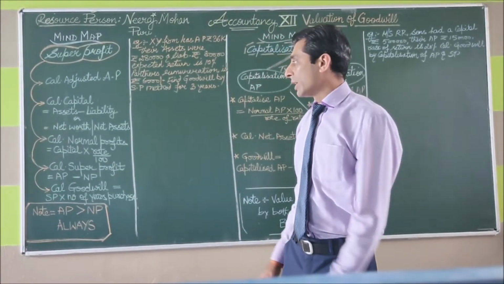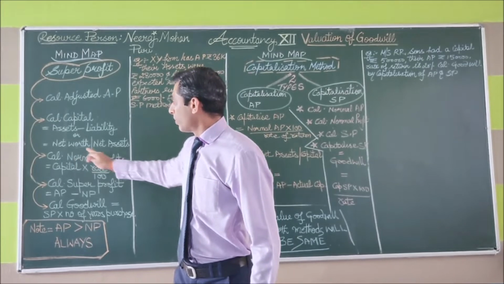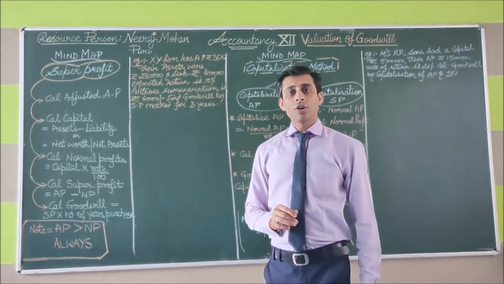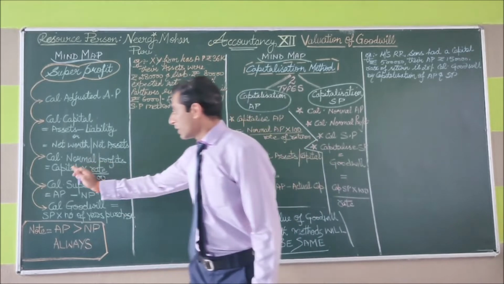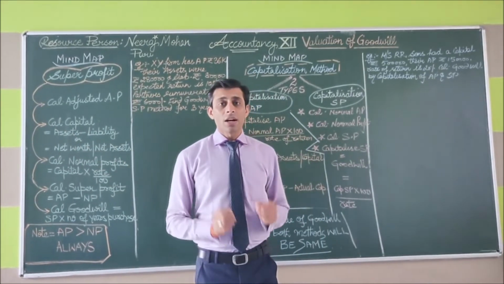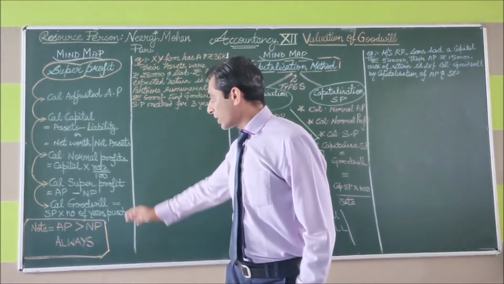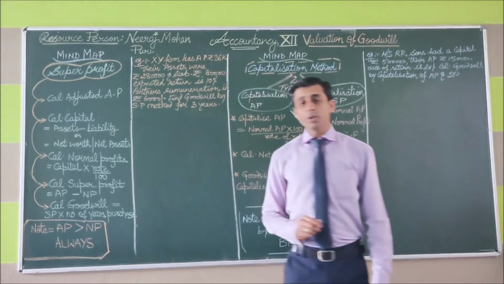Step number 3, we have to calculate normal profits. The formula for normal profit is capital, which we have calculated in the previous step, multiplied by rate of return divided by 100.